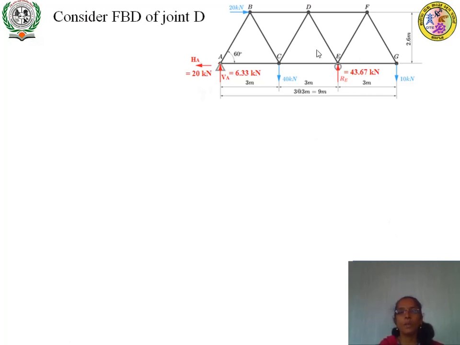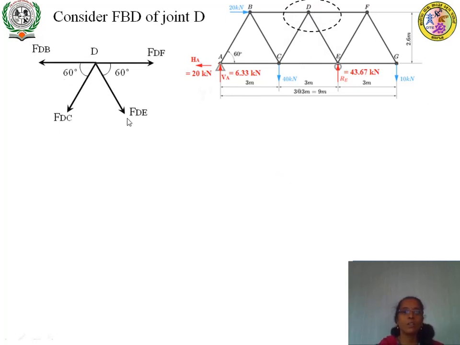Consider the FBD of joint D. To draw the FBD, consider this imaginary cut. Draw the free body diagram of joint D. So FDF, FDB, FDC and FDE. DE and DC are at an angle of 60 degrees with respect to horizontal. Now we will resolve those inclined forces.